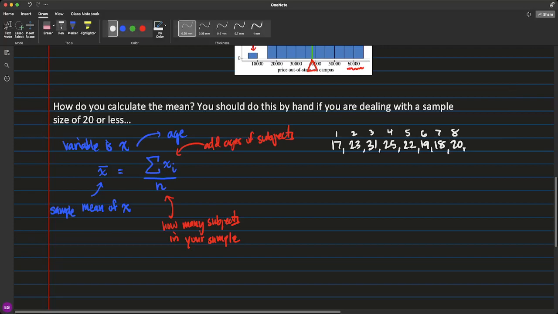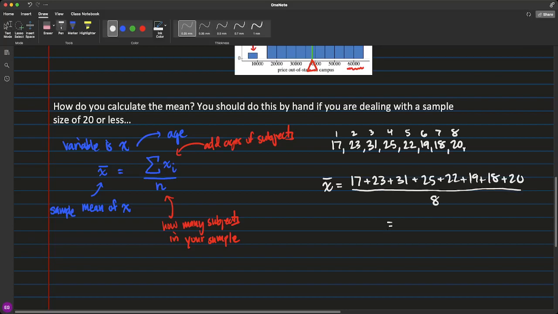So how do you find the average for this? Well, you first start by adding together all of these numbers. And then what are you going to have to divide by? How many numbers there were, of which there were 8.